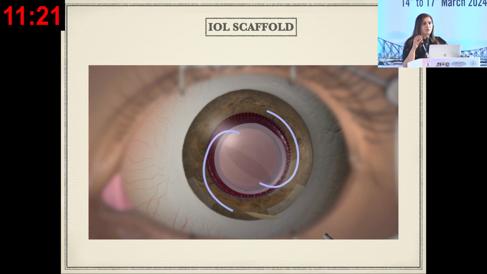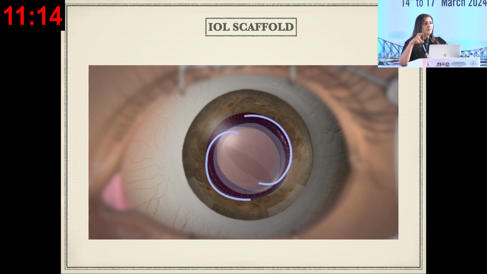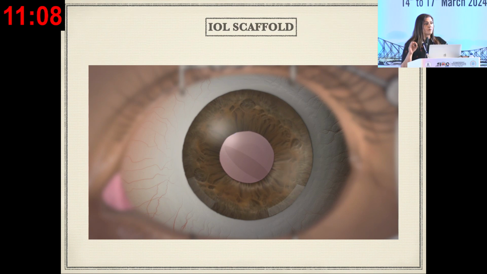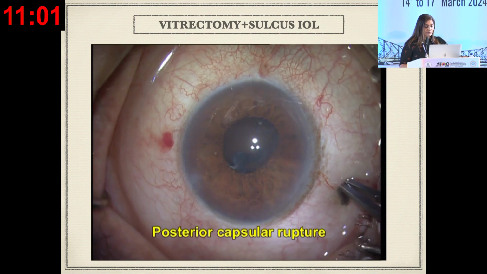Then you can do the phacoemulsification of the nuclear material, and after that you can dial the intraocular lens depending upon the status of your capsulorhexis margin and support. So these were some of the basic things which I thought I would show you.